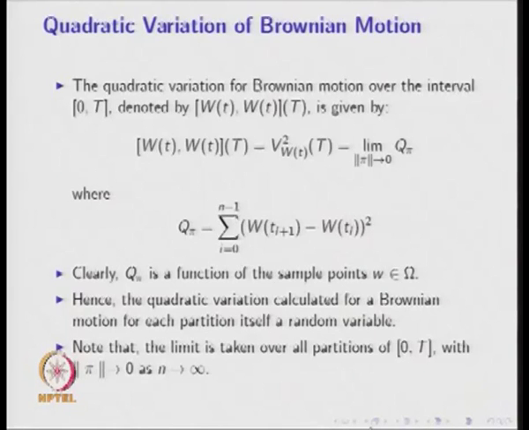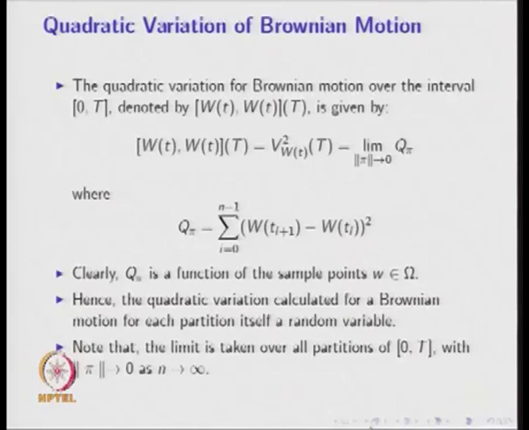That is nothing but the limit as norm of pi tends to 0 of Q pi, where Q pi is defined as the summation i equals 0 to n minus 1 of the difference of W at the time points t i to t i plus 1, the whole square.